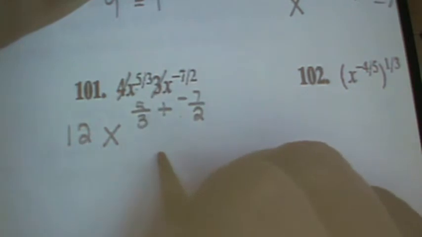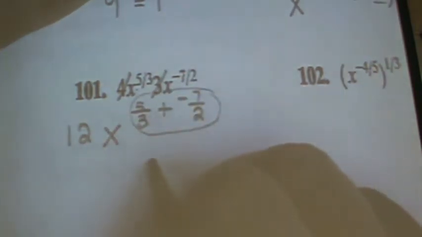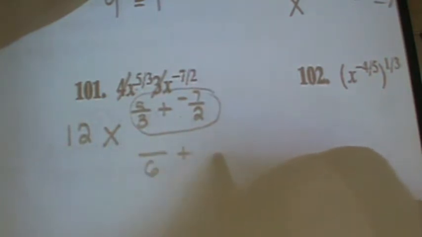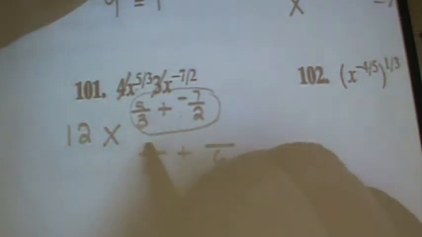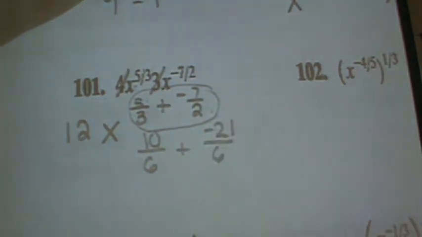Because if bases are the same and you're multiplying, you have to add these two exponents. So now I've got to get a common denominator. Common denominator would be a 6. So multiply this by 2, this by 2. Multiply this by 3, this by 3. So this would be x to the negative 11 over 6.